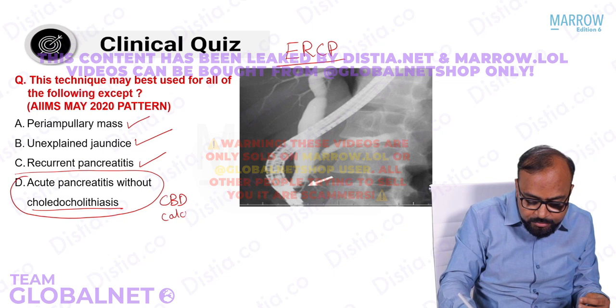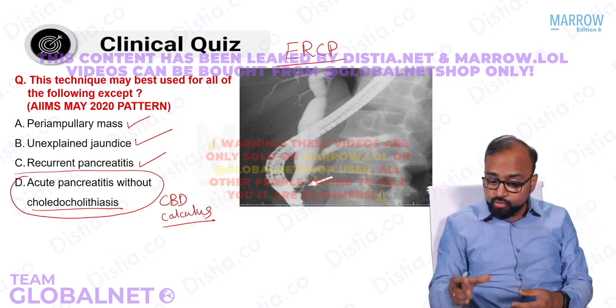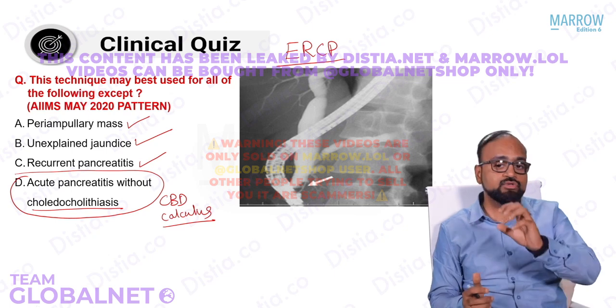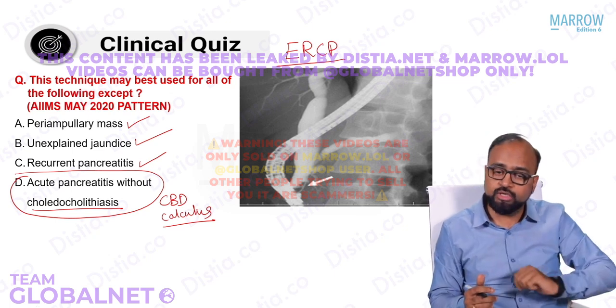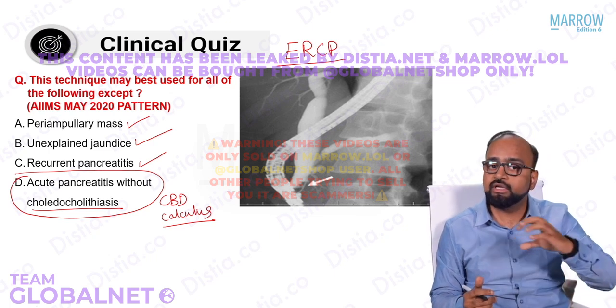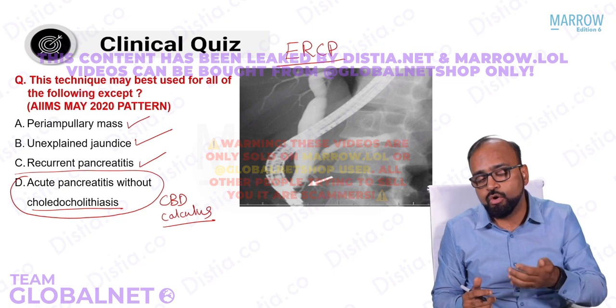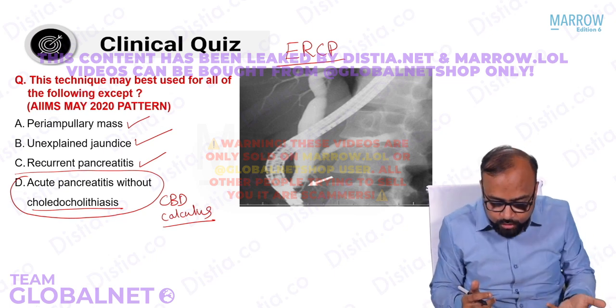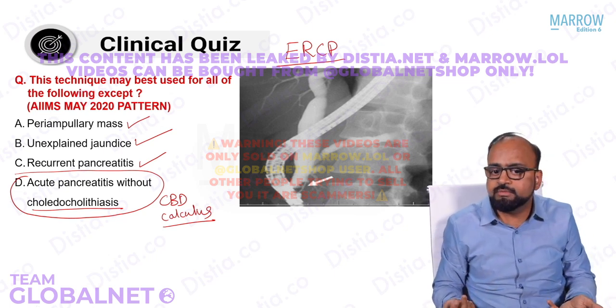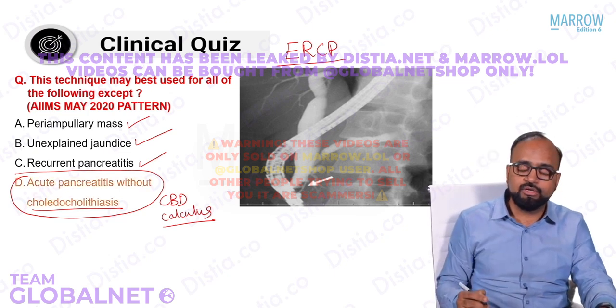Now, if there was a CBD calculus causing acute pancreatitis, then ERCP would help, because then we could actually retrieve that calculus, put in a stent, do a sphincterotomy, so that all the secretions will be drained out and inflammation will subside. But if alcoholism is the cause of pancreatitis, there is no choledocholithiasis, what is the role of ERCP? There is no role of ERCP, and therefore this is the answer in this particular question.